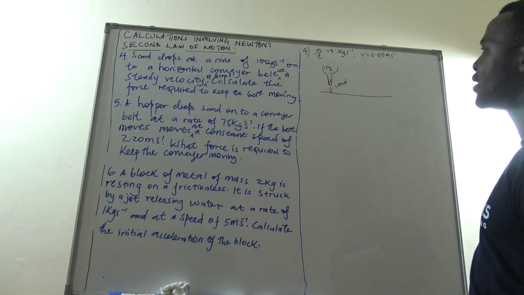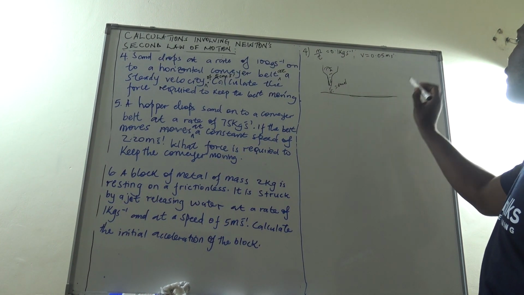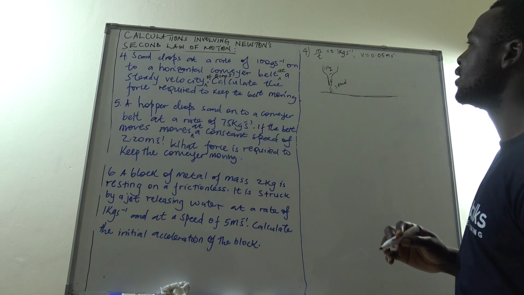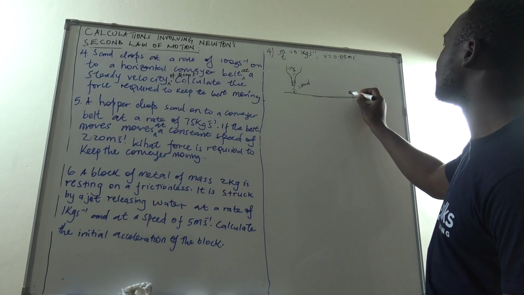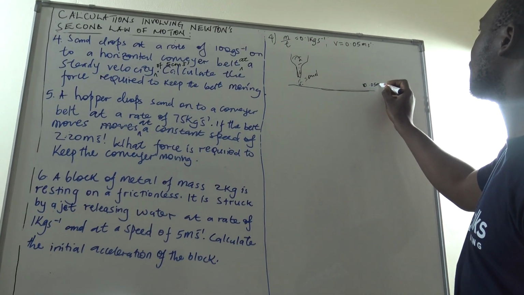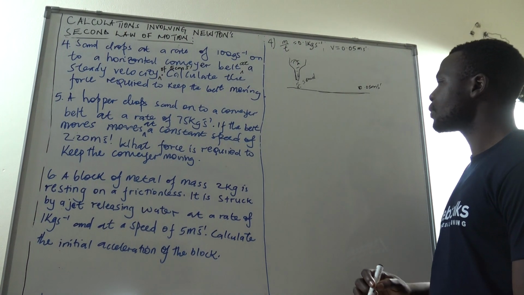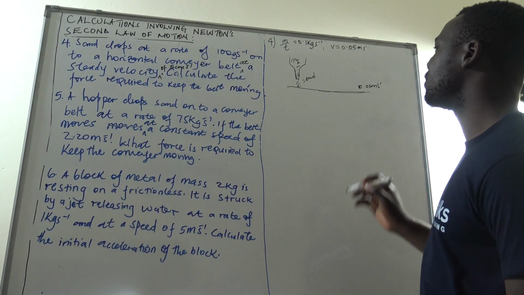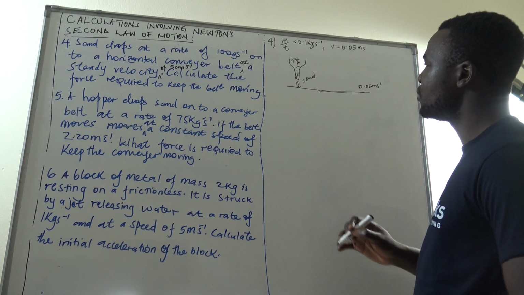Now, they are saying that this is a conveyor belt, and this conveyor belt is moving at a velocity of 0.05 meters per second.